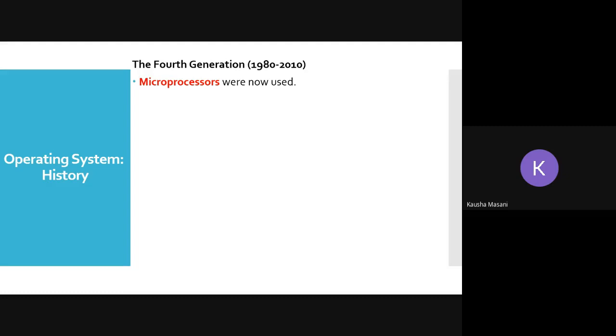Whatever you understand, what do you understand by microprocessor? You tell me. One chip, like one very small chip which has lots of transistors on it. Correct? Anybody else? Size of transistor is in micrometer. Exactly.